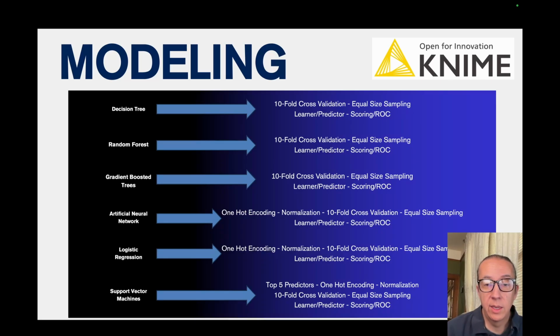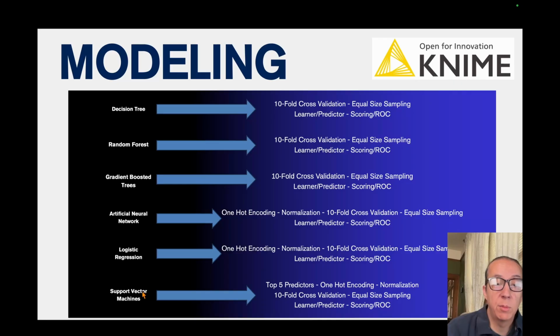That matters because the parental age variable was from basically like 17 all the way to 70. That would potentially overpower a 0 and 1 binary variable in these models. They went through the same tenfold cross-validation, equal size sampling, learner predictor, and scoring.